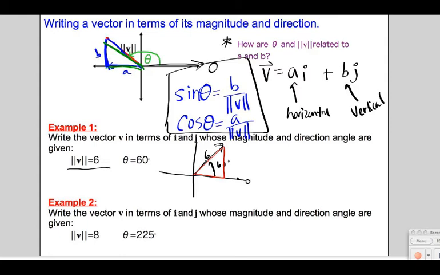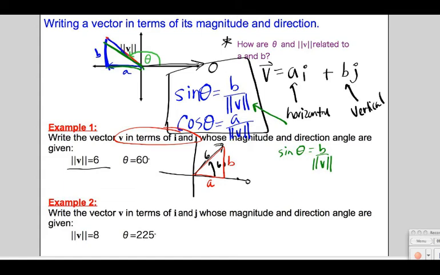And so I'm trying to find a and b in order to write the vector in terms of i and j. So a and b are the horizontal and vertical components. a is the horizontal, b is the vertical. Well, in order to do that, I'm going to use this relationship: the sine of theta is equal to b over the magnitude of v. Now, I'm going to solve this for b, because remember, my goal is to find b.